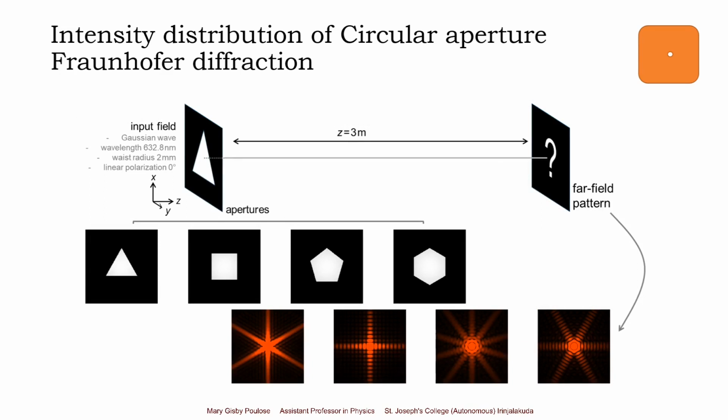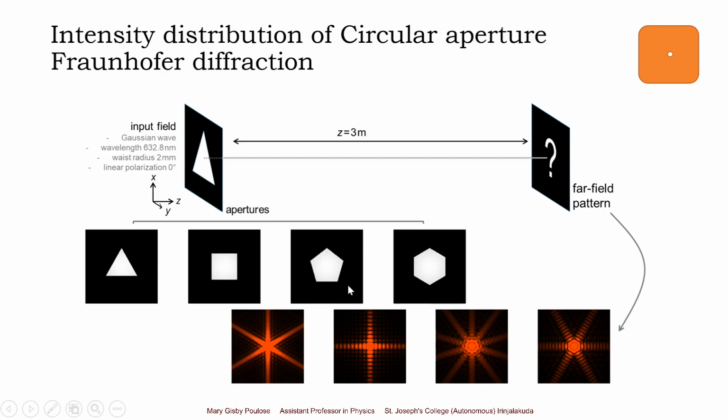Now, this slide just represents the nature of the diffraction pattern when you take apertures of different shapes. If we have a triangular aperture, the diffraction pattern observed will be as shown here. For a square aperture, the diffraction pattern is as shown here.